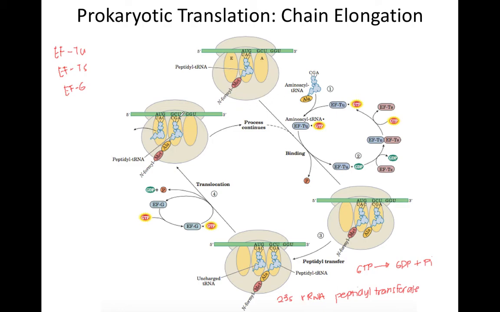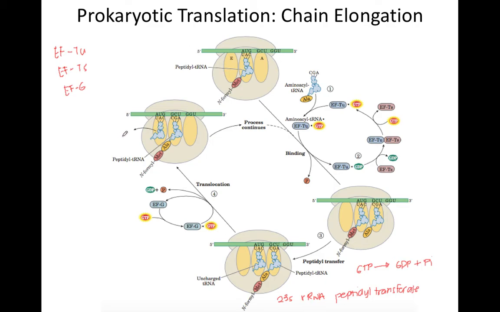So now when your ribosome moves, this tRNA, which used to be at the A site, is now in the P site, and the tRNA that once was in the P site is now in the E site, or the exit site, where eventually this tRNA will be released into the cytosol.